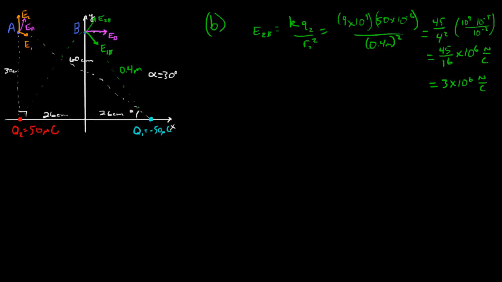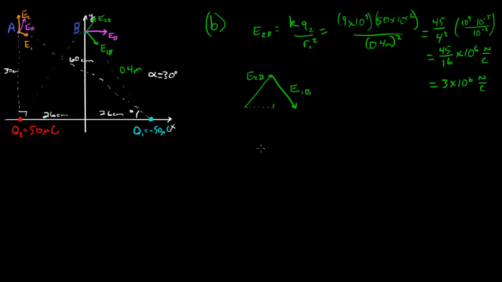So E1b. And really what we want is the x component of this, and then we'll add it to the x component of E1b. Oh, by the way, E1b is just equal to E2b. They have different directions, but they have equal magnitudes like we were discussing.